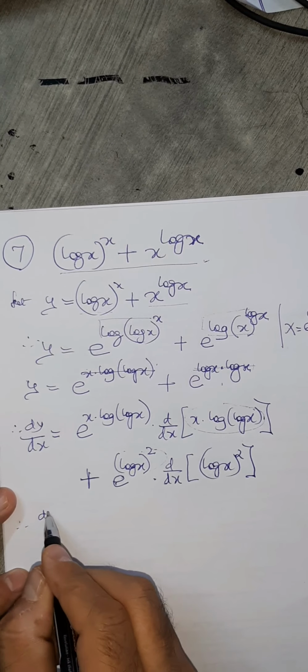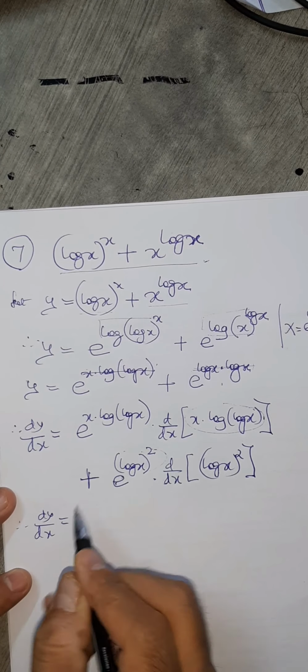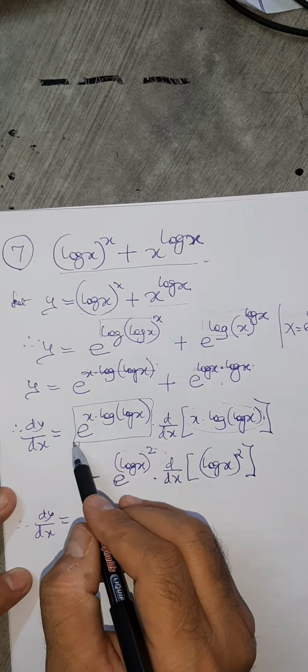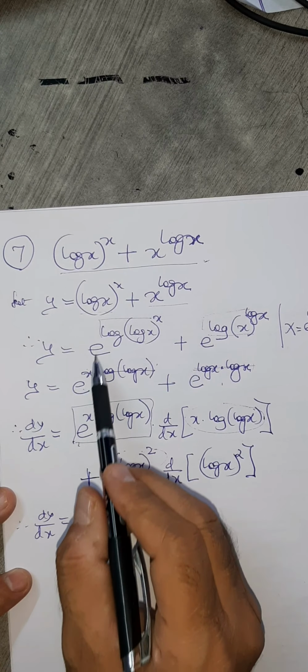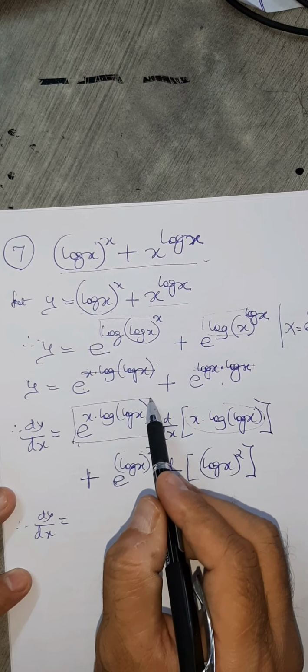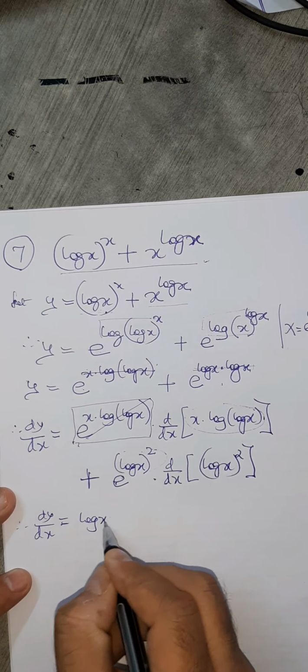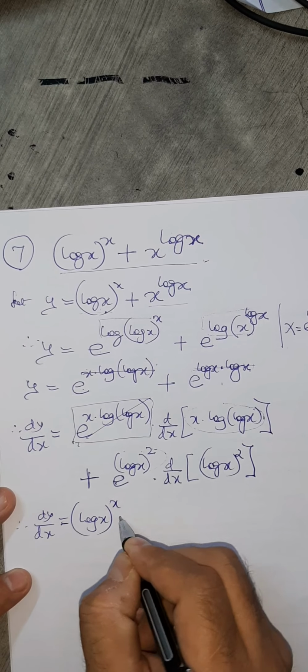So finally dy by dx equals, now the reverse procedure, from where you had this expression, from this, that is this. So instead of this you need to write the original expression, which is log x the whole raised to x.